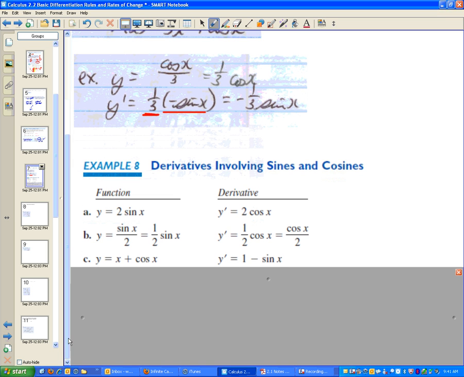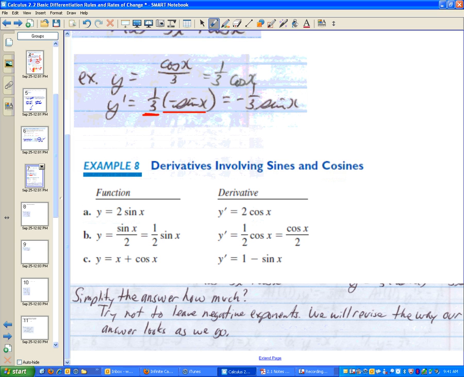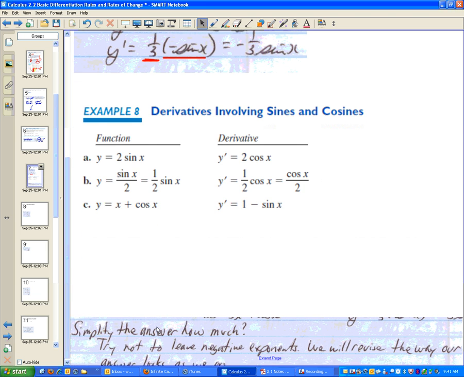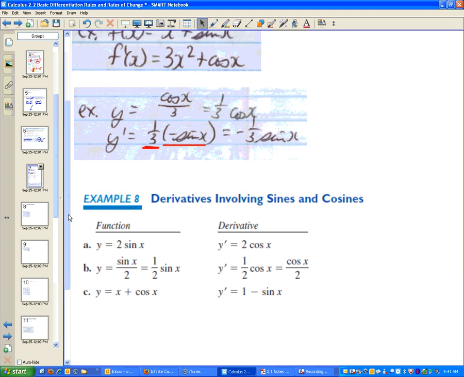All right, take a look at these and see if they make sense to you. A, B, and C all make sense?